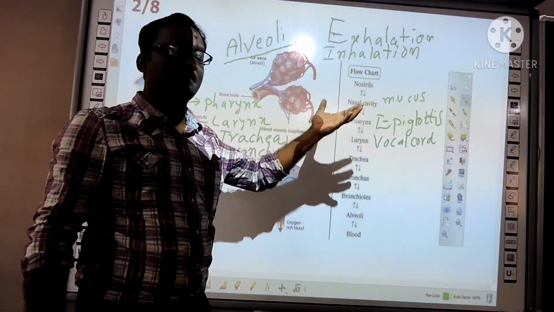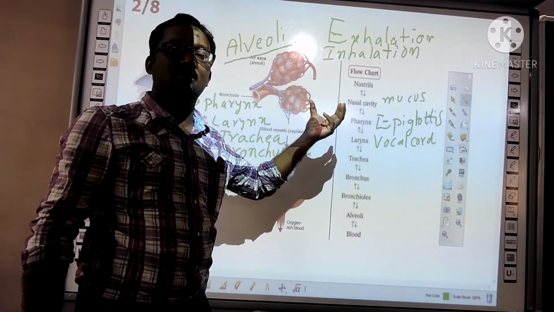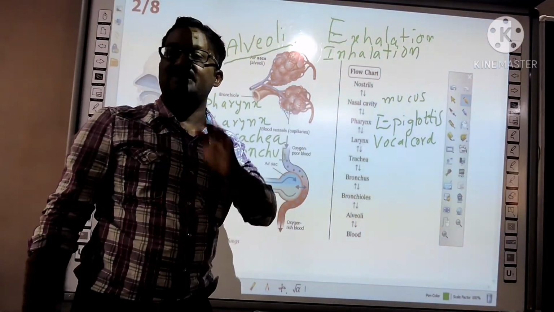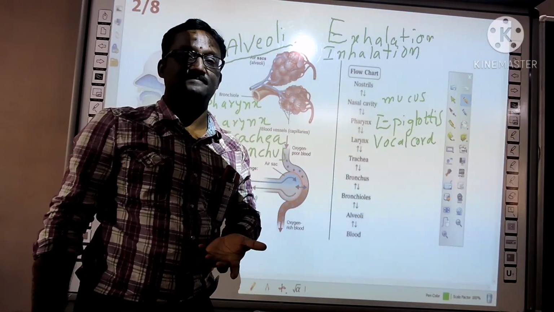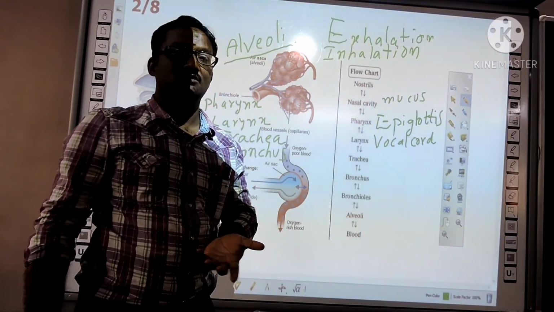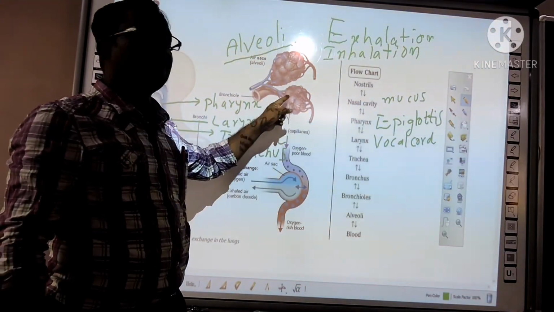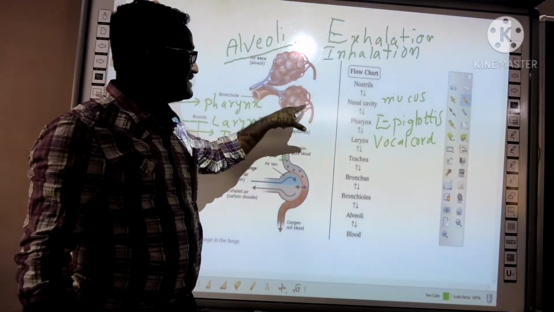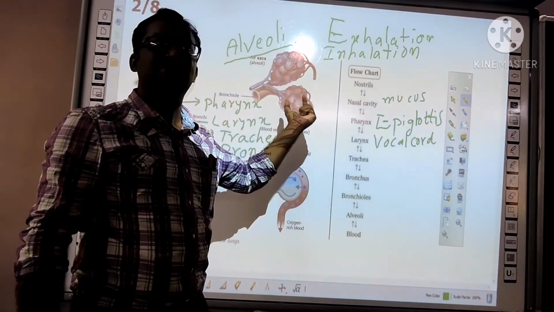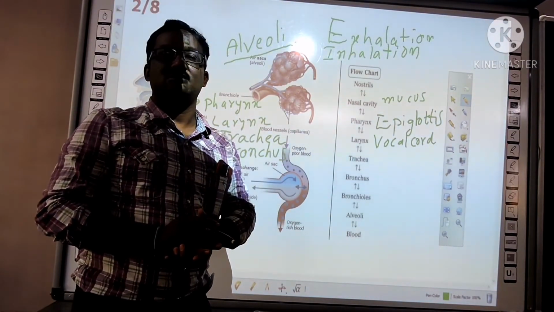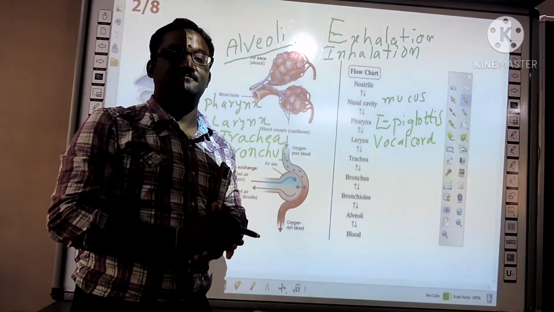Their size is small, and the wall of each alveolus is lined with a single layer of epithelial cells. So finally the air enters the alveoli. From the alveoli, it enters the blood present in the blood capillaries that surround the alveoli. So this is the pathway of air.